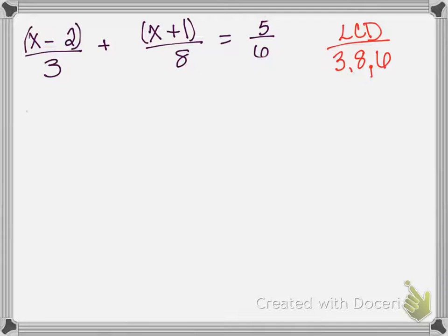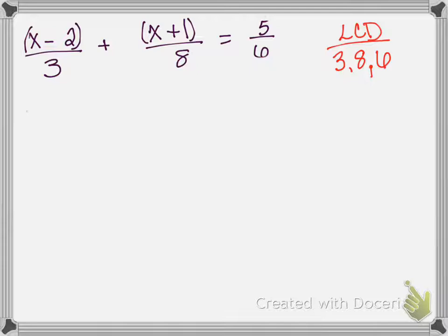So you can always multiply all your denominators together, but you may get a very large common denominator, and anytime we start working with bigger numbers, that's more opportunity for mistake. A lot of times you can look at it. Like last time we could look at it and we knew it was 12. You may not be able to look at this one and say, oh, that's 24.